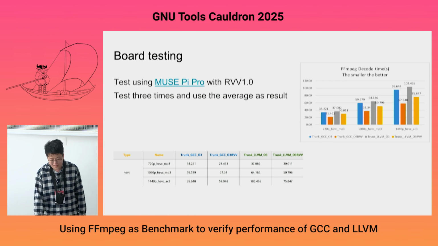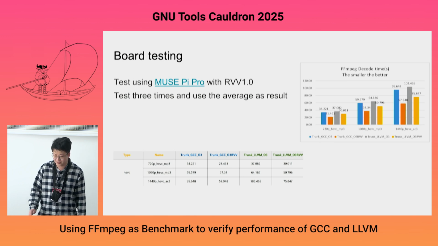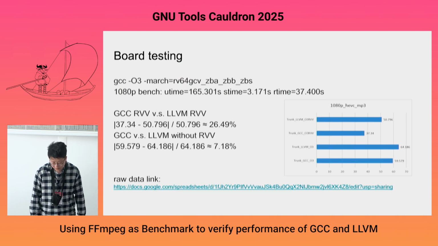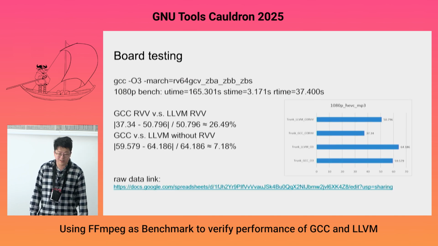You can see clearly that GCC costs shorter time than LLVM. And let's look at the details. GCC outperformed LLVM by about 26%.